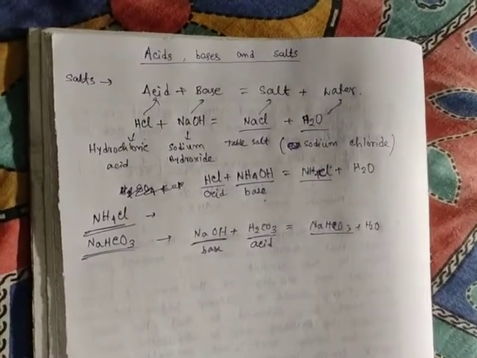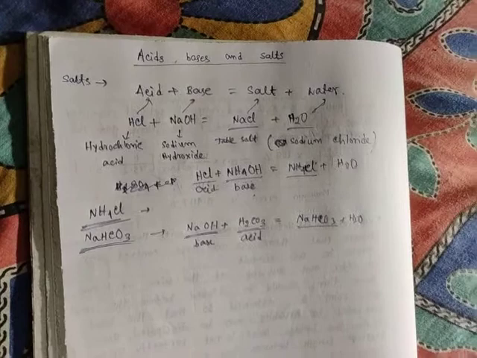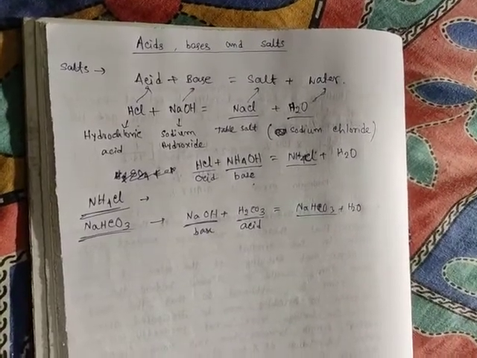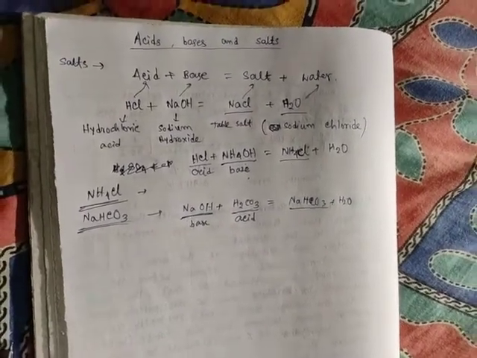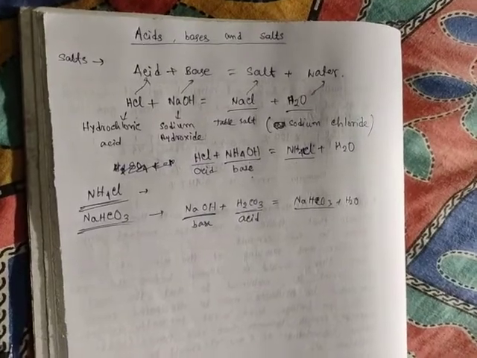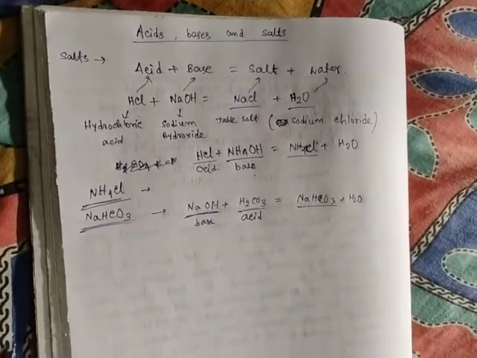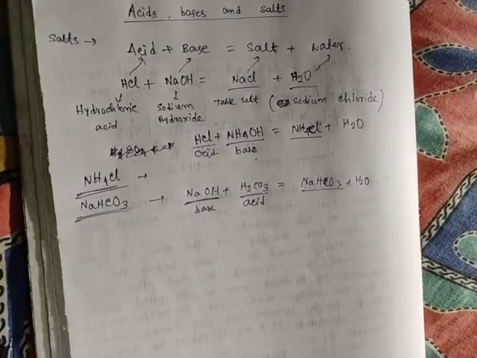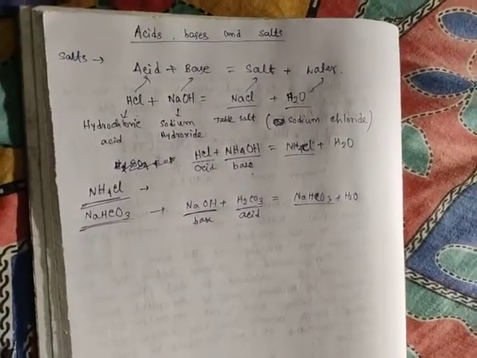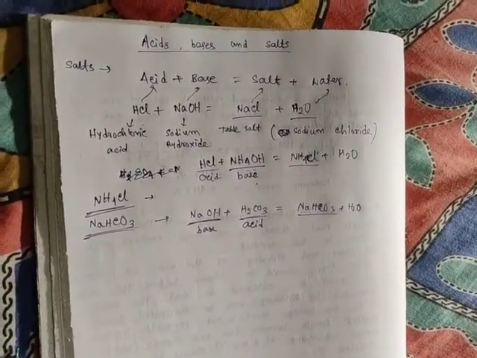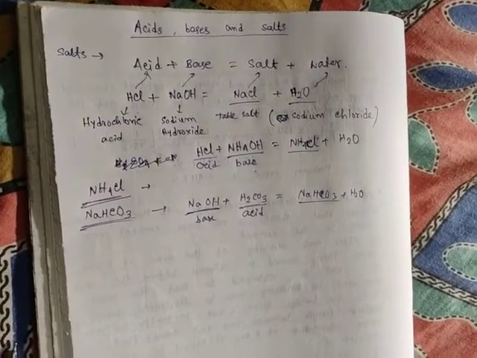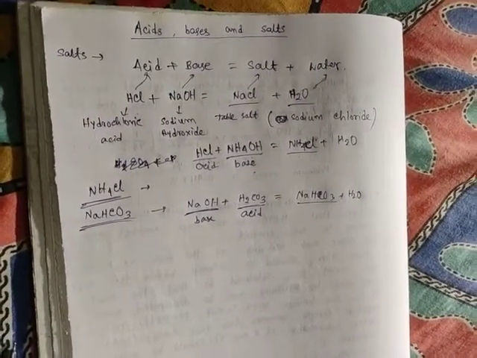Sodium bicarbonate is used in baking powder, manufacturing of glass. Next, sodium chloride is used to eat. We eat sodium chloride. And next, potassium nitrate, which is used in fertilizers and explosives.